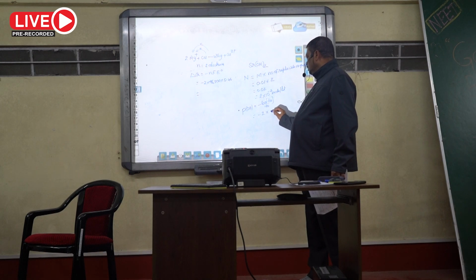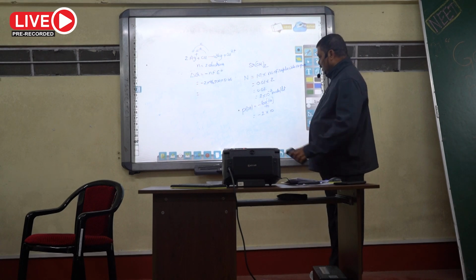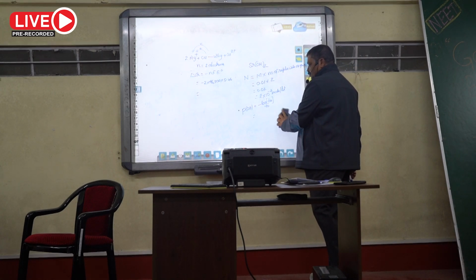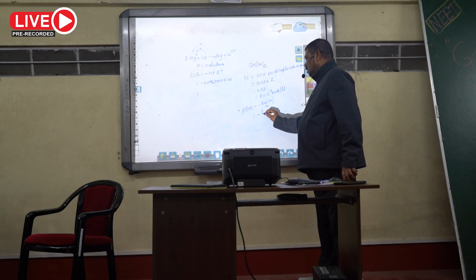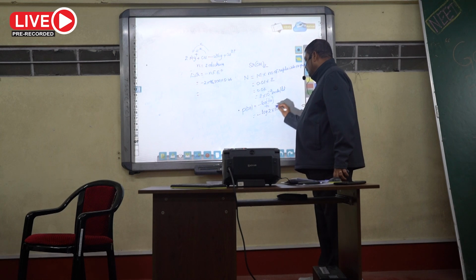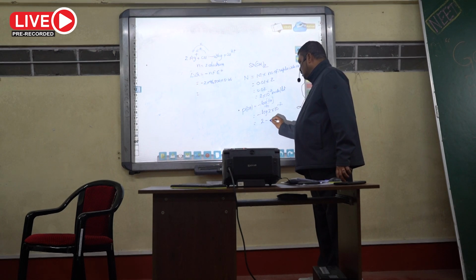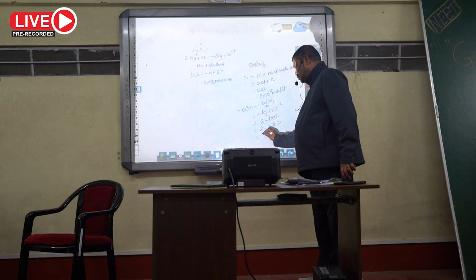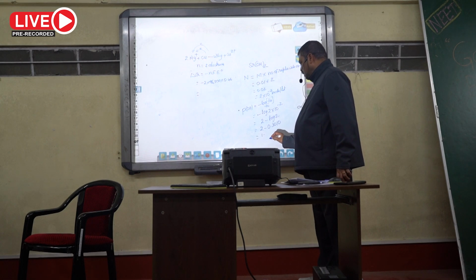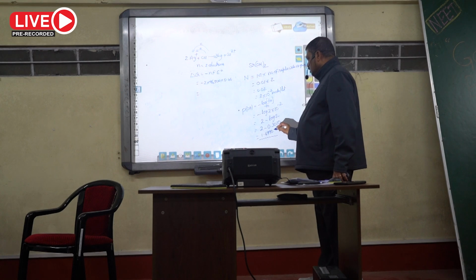So minus log of 2 into 10 power minus 2, that is equal to 2 minus log 2. Log 2 value is 0.3010, a well known value. So 1.6990.